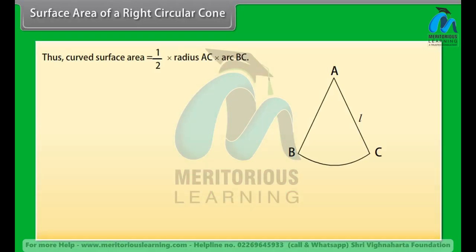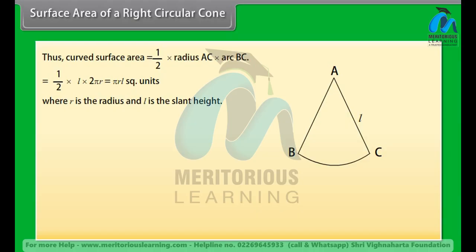Thus, curved surface area is equal to 1/2 × radius AC × arc BC. This is equal to 1/2 × L × 2πr, equals πrL square units, where r is the radius and L is the slant height. And slant height L is equal to the square root of r² + h².